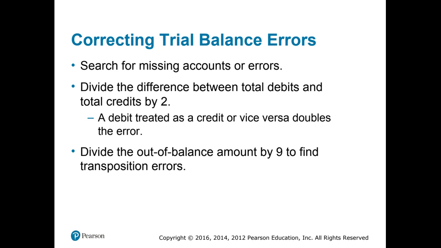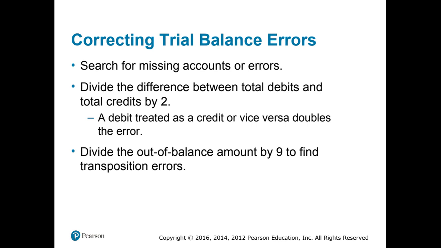So one way that we can identify those errors is to divide the difference between our debits and our credits by 2. If we divide that difference by 2, a lot of times we are able to then identify the amount.